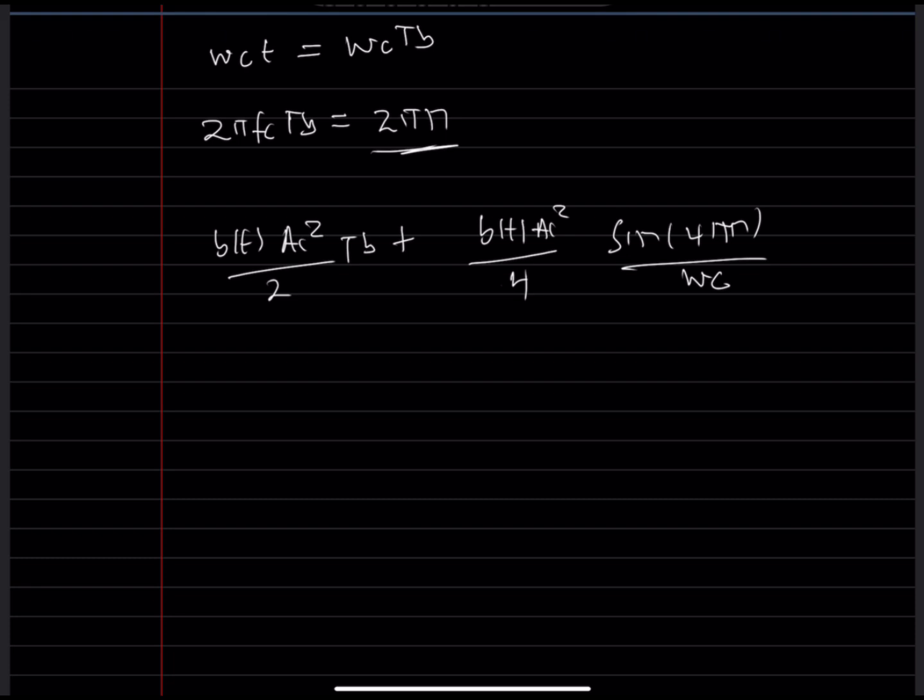One thing you have to note here is that for the integral multiple of these ones, when n is equal to 1, we are going to get 4 pi, and a normal circumstance is going to give us 0. When n is equal to 0, obviously here it's also going to give us sine 0, which is equal to 0. So we can finally say that this part of the expression is going to give us 0.